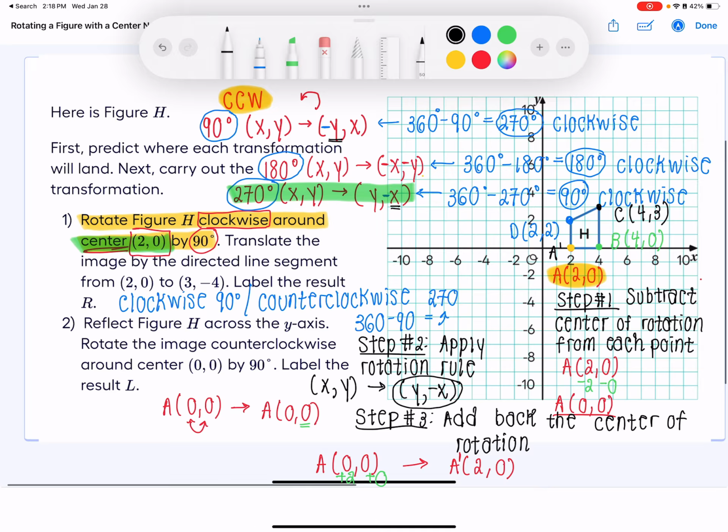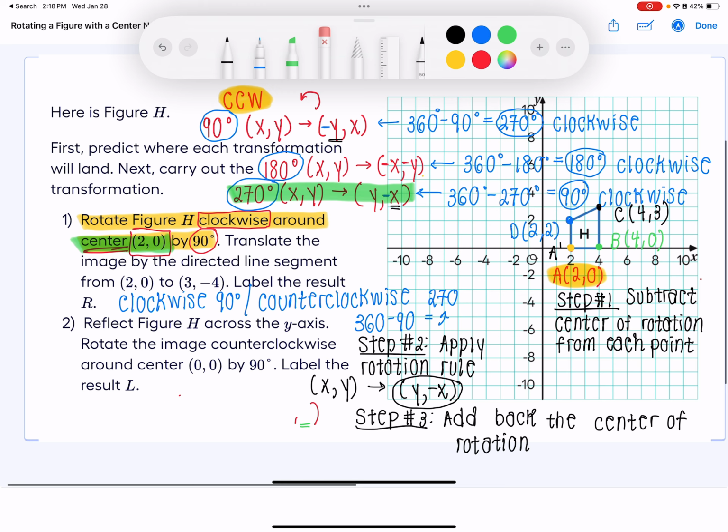Alrighty, so I'm going to make myself more room by erasing all of this work, and we're going to follow the steps again, but for our next point. So we're going to do point B next. But we're going to follow the same steps.